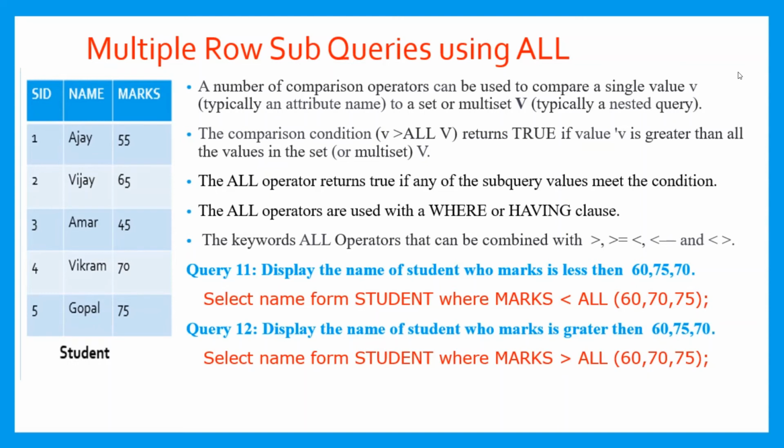Let us take an example of an explicit query with the help of an ALL operator. Display the names of students whose marks are less than 60, 75 and 70. Now, instead of using a subquery, I have made use of an explicit statement. Here I specified 60, 70 and 75.